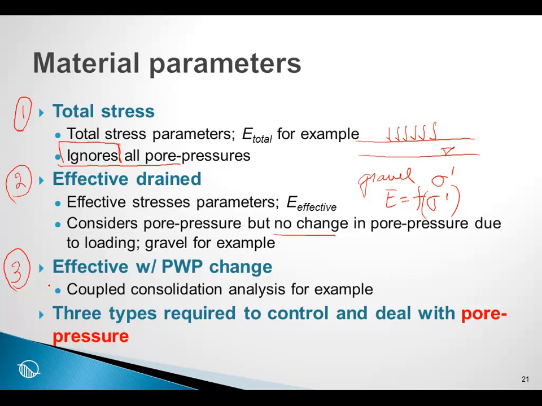So this is in essence a coupled consolidation analysis. And as you note here, the reason for categorizing the material parameters in this way is that it is a mechanism by which SIGMA/W can control and deal with the pore pressure conditions in an analysis.